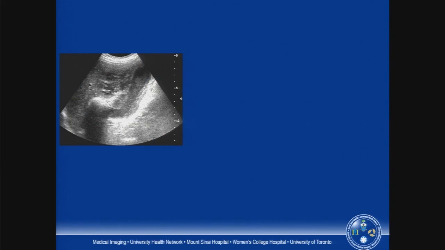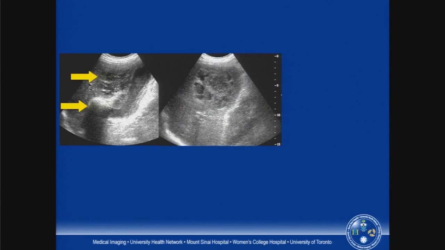Here's a case of a patient with pain for just over a week. We see this large gallstone in the region of the gallbladder neck, but there's an additional process here in segment 5 of the liver. And when we look at that more closely, this patient was septic. It has all the features of a liver abscess.